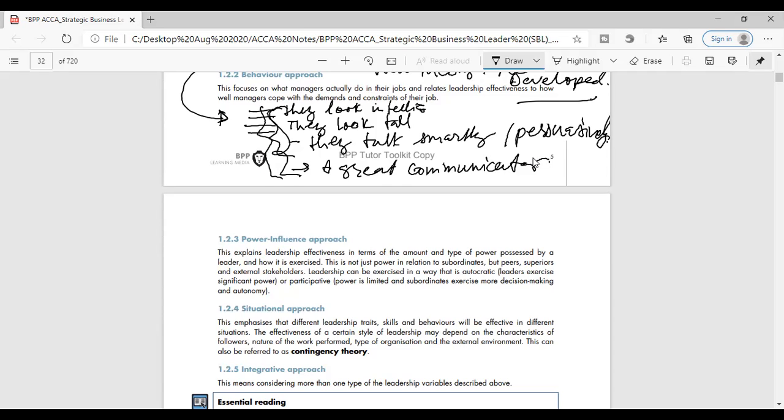Do you agree? You make a list of 100 traits of leaders, okay? And I can find out a 101st trait of a person, and you'll agree that this person was also a leader in some way, right?